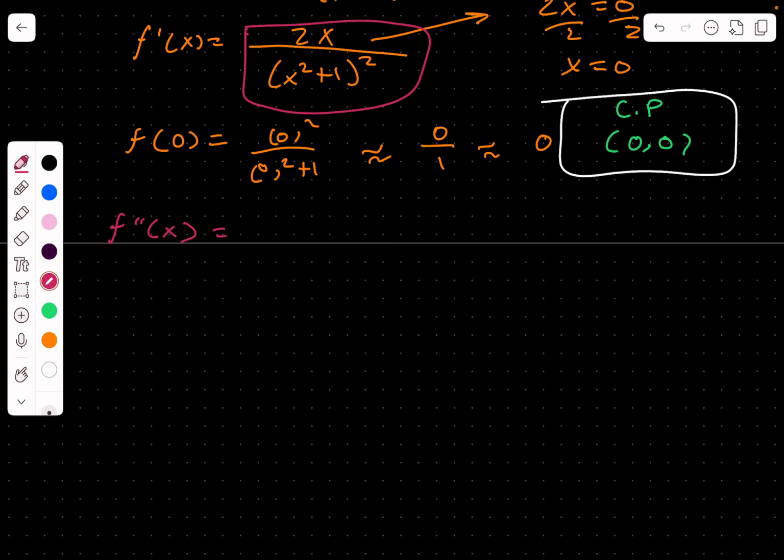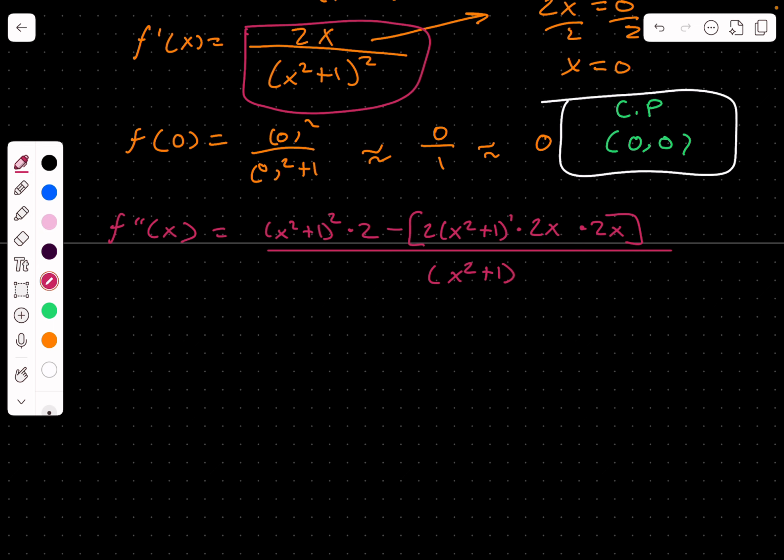It goes the denominator times the derivative of the numerator minus the derivative of the denominator times the numerator, all over x squared plus 1 squared.